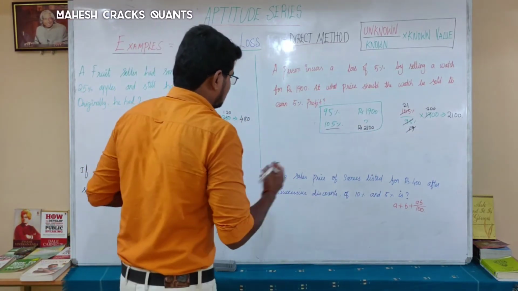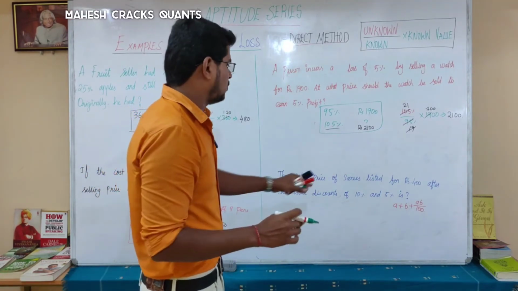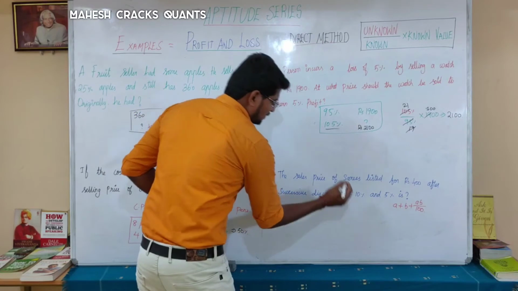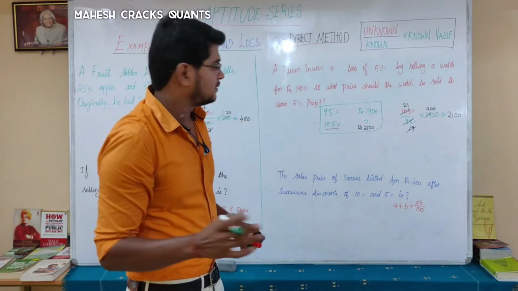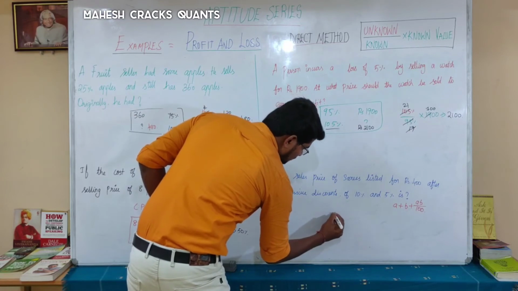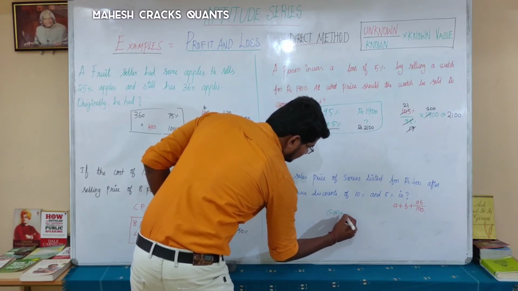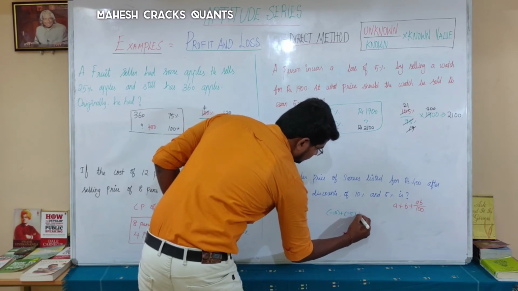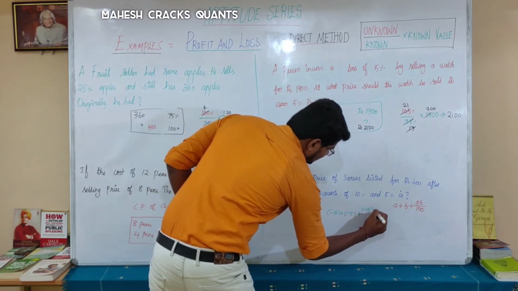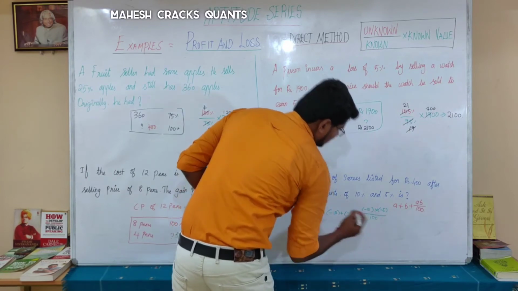So substituting this, you will get the discount percentage. What is the discount percentage? Discount means, is it reduce or increase? Yeah, it's a reduce. So instead of A, I am going to use minus 10. Instead of B, I am going to use minus 5. Minus 10 into minus 5 divided by 100.